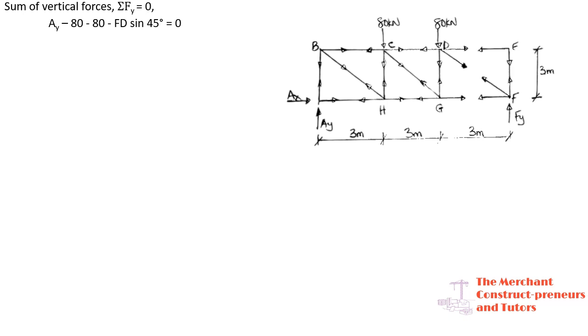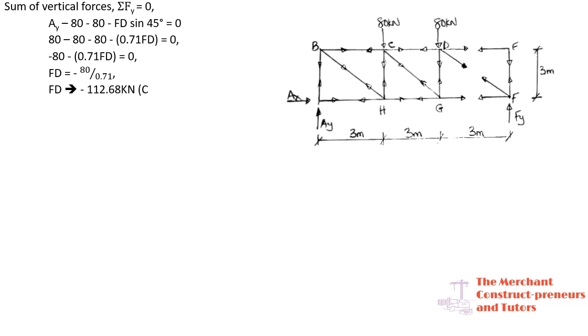Then minus FD, this is pointing downwards, and the vertical component is going to be a downward force. So we have minus 80 minus FD sine 45. So substituting our values for AY and computing it, we have FD as minus 112.68 kilonewton, compression member. So we'll move on to the next point.